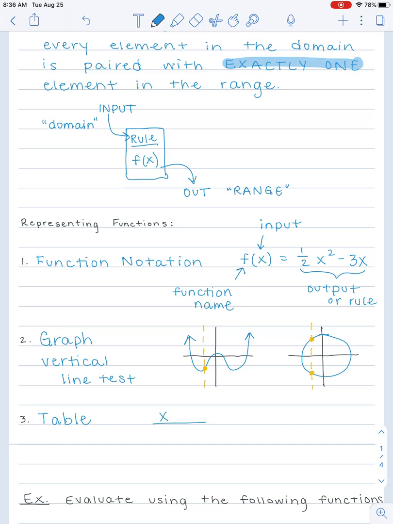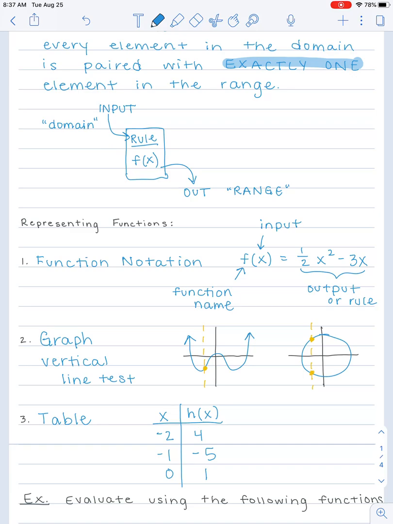We have our X column, and we'll have, let's say, H of X. Okay, so if I were to plug in -2 to my X, for my input, my output, let's say, will be 4. If I were to plug in -1 for my input, let's say my output's going to be -5. If I plug in 0, it's going to be 1.